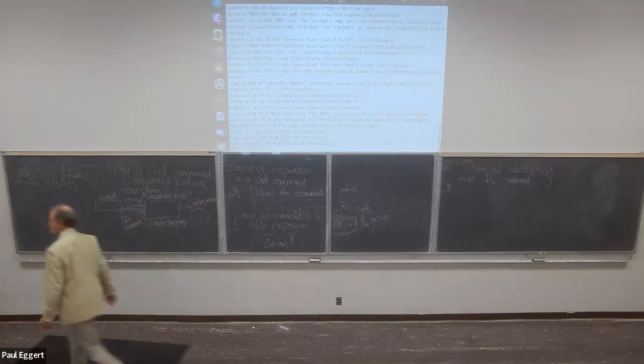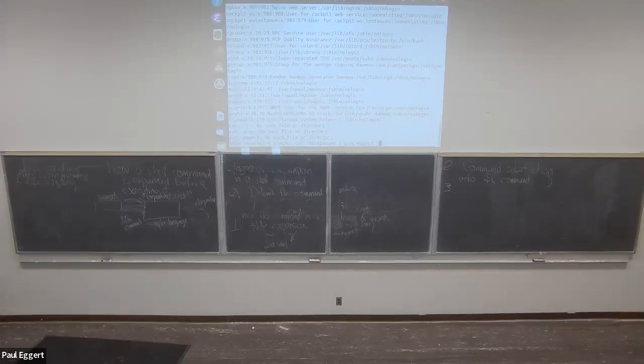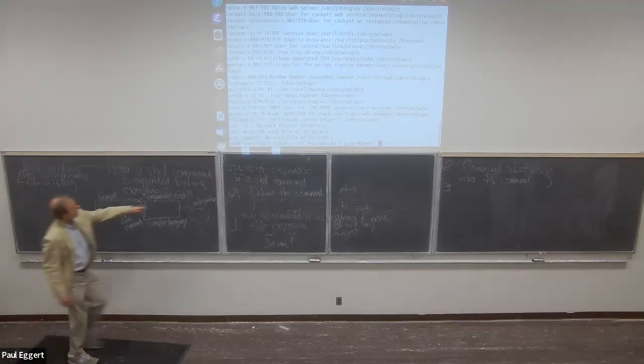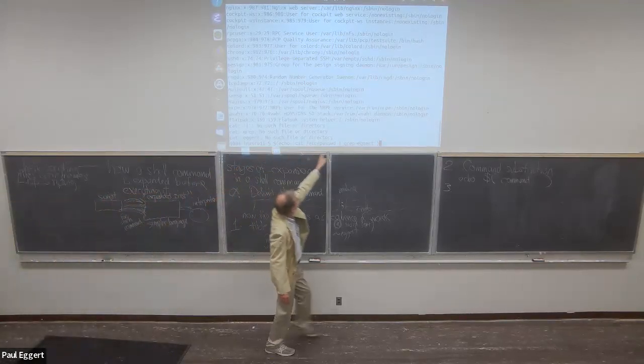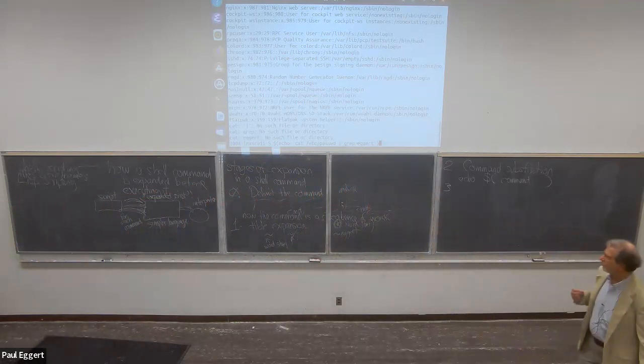Let's see what that command was again. Oh, I see. We need to raise the screen a bit here. There's a $ open paren. So we're doing this $ open paren here, taking all of that and treating the result as a command.